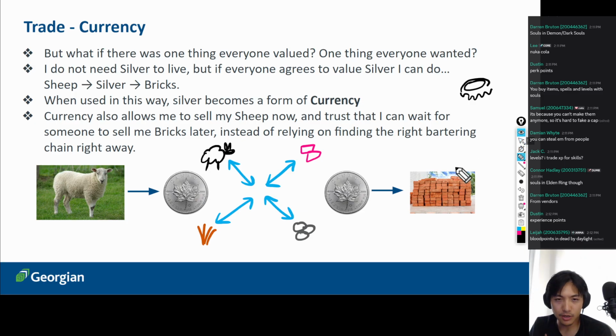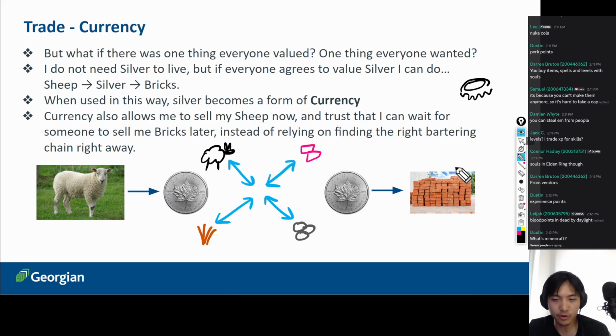Like I said, guys, when I ask some random player on the server in Minecraft to dig a big hole for me, I might choose to pay them in diamonds. The reason I choose to pay them in diamonds might be that I know that everyone values diamonds, right? So there might be an economy where we list prices in terms of diamonds.